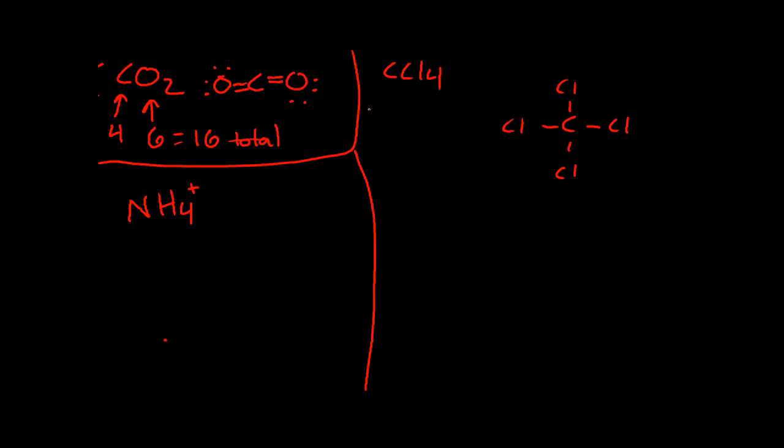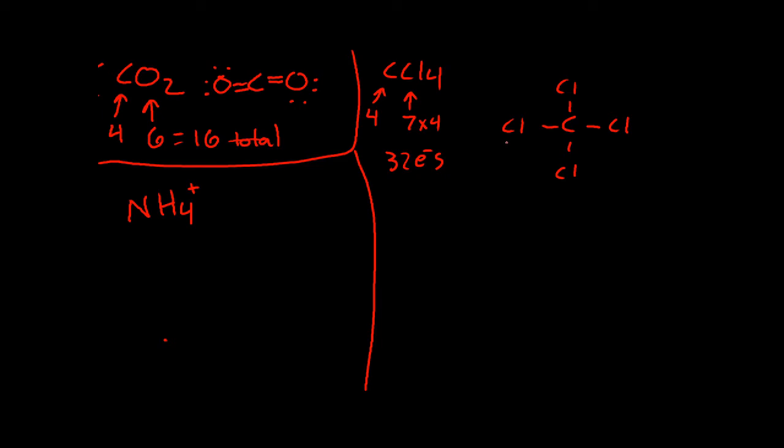If we count up our electrons, we have 4 from the carbon, 7 from each of those chlorines. So we would have 28 plus 4 is 32 electrons. We already have 8 in those single bonds that we put in there with the skeletal structure. Because again, you have to at least have a single bond, and so we might as well put those in at the beginning. So we have 8 in there already. We're just going to pick a chlorine and start putting in lone pairs until we run out of electrons.